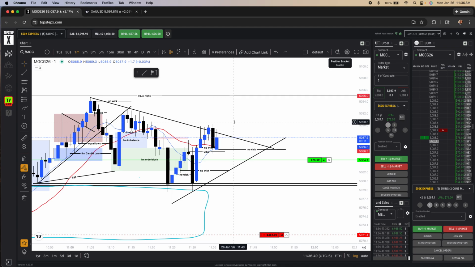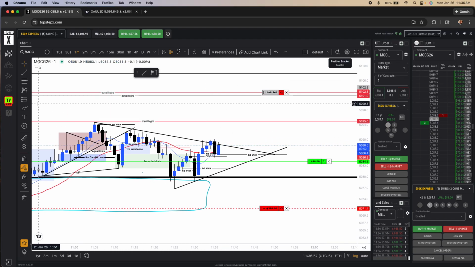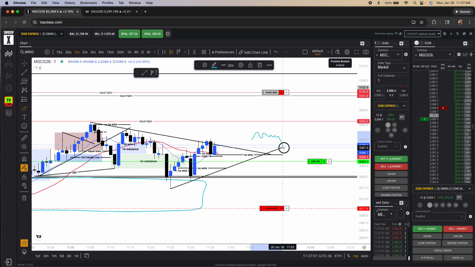And basically, to give you an explanation of the no wick candles, it's basically like inducement. You know how if you have a demand level and then you have just a random push up, so it'll be something like that. Let's say you have a demand and then you get something like this.